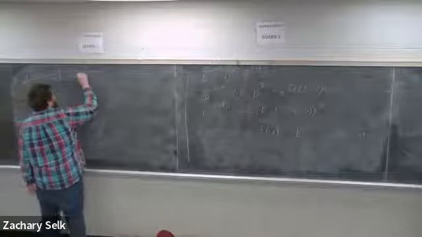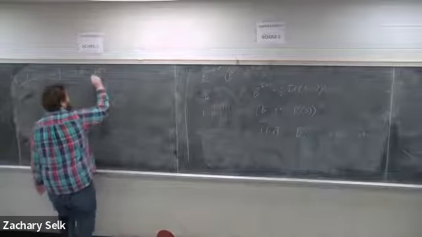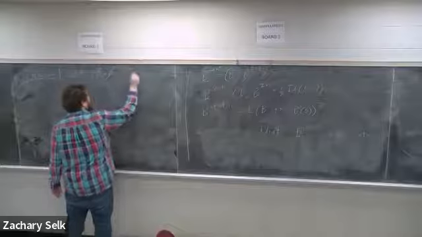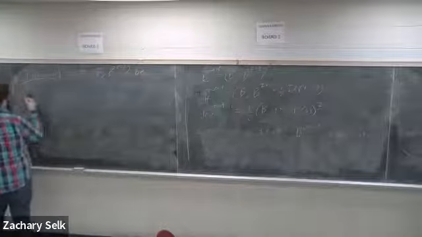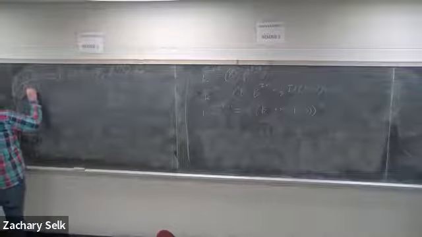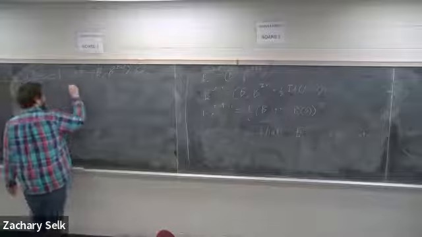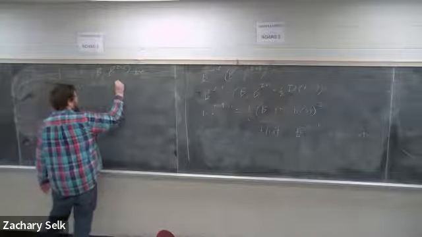Let B be the Ito rough path above a Brownian motion.